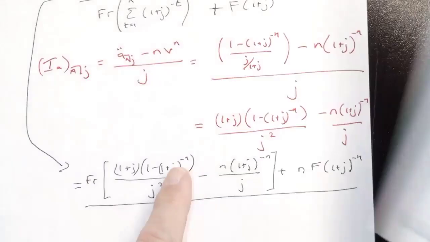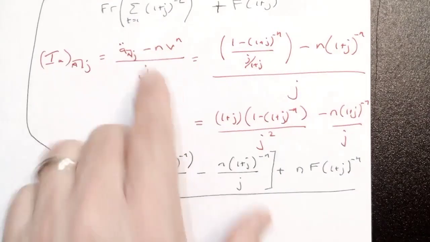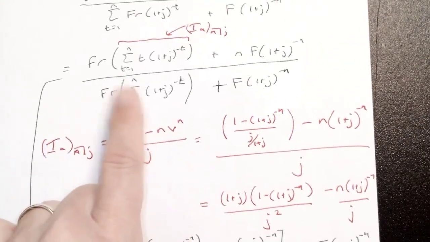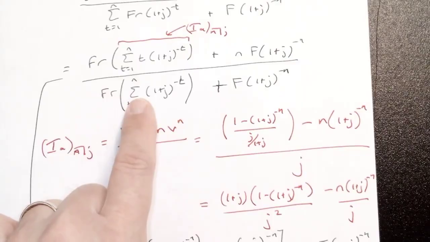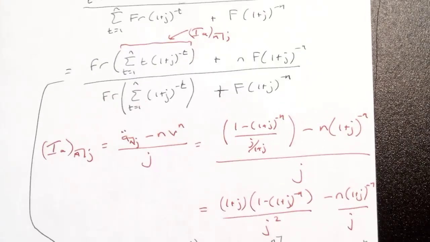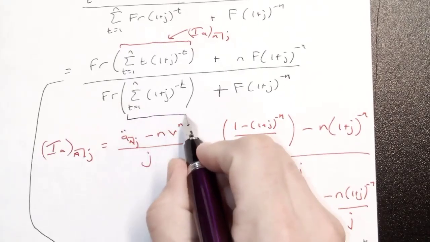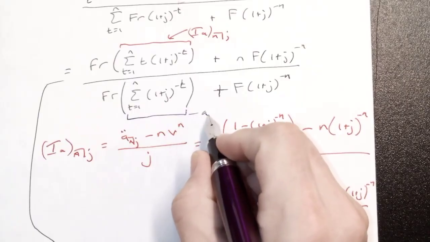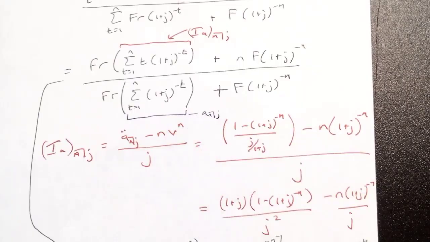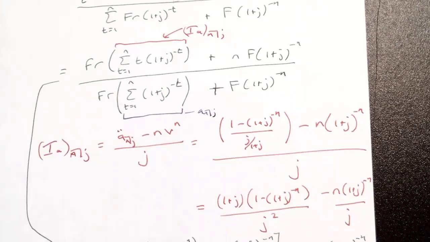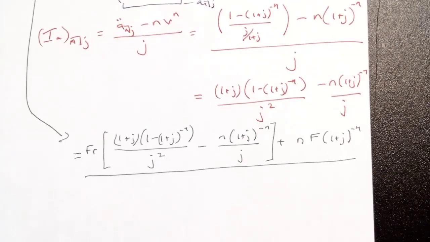This denominator here, this is also an annuity term. This piece in the parentheses here, that is a angle n at j. But I know a angle n at j, and I'm not even going to mess with it. I'm just going to copy it down right here in the bottom.